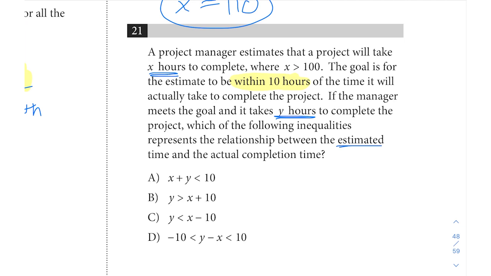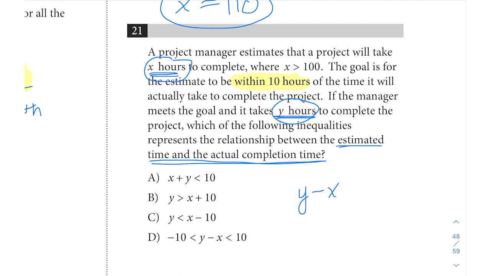Which of the following inequalities represents the relationship between the estimated and actual? So the difference here between our actual and estimated amount of time can be expressed as your actual, which is Y, minus your estimated, which is X. That will tell us what that difference is.